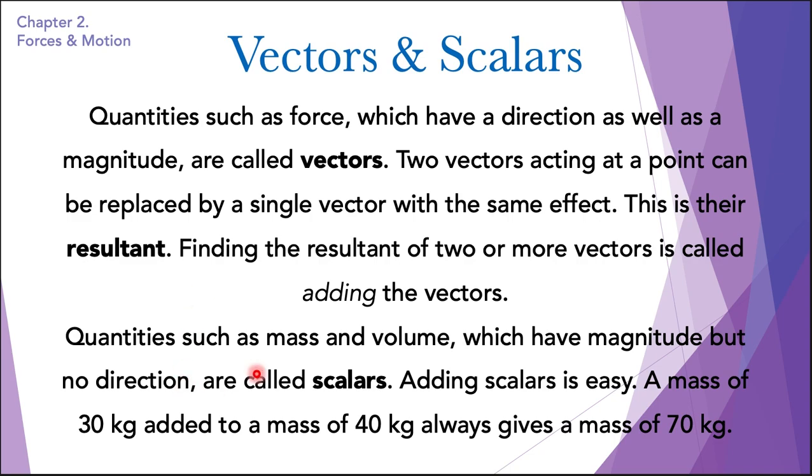Quantities such as mass and volume, which have magnitude but no direction, are called scalars. Adding scalars is easy. For example, a 30 kg block is placed on a 40 kg block. So the total mass of both blocks would be 70 kg. Pretty simple. But finding the resultant of two vectors is a little tricky.